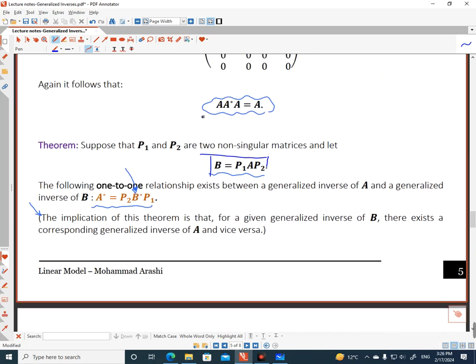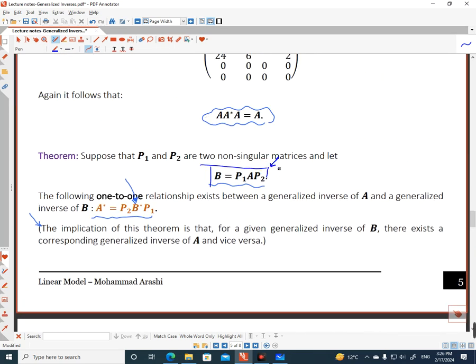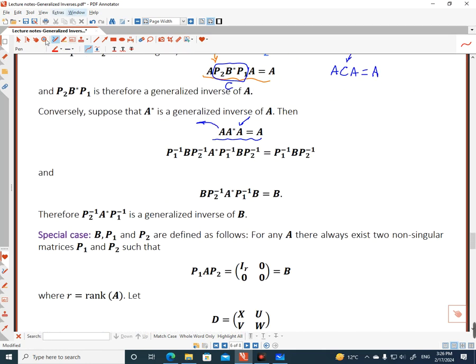If I go up, I have this relation, and from this relation I can find A. I pre-multiply the left-hand side by P1 inverse. Remember, these are non-singular matrices. Here P2 inverse, then these two vanish, so I can conclude that A is equal to P1 inverse B P2 inverse.